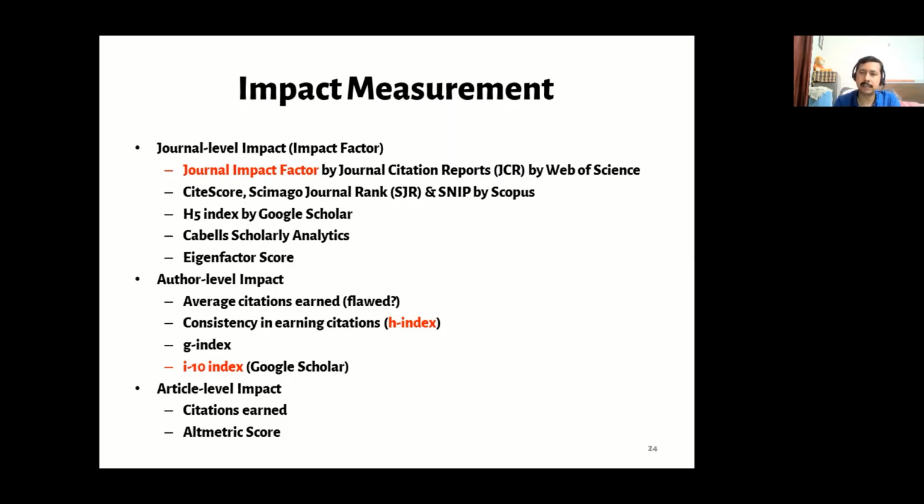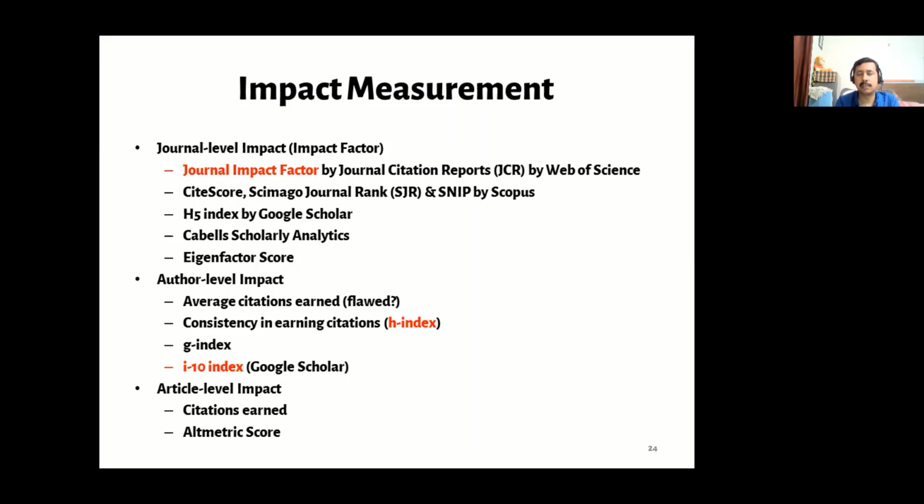Journal impact factor is a metric which is published in the Journal Citation Reports every year by Web of Science, provided by Clarivate Analytics. Then there are other journal level impact metrics, such as CiteScore by Scopus.